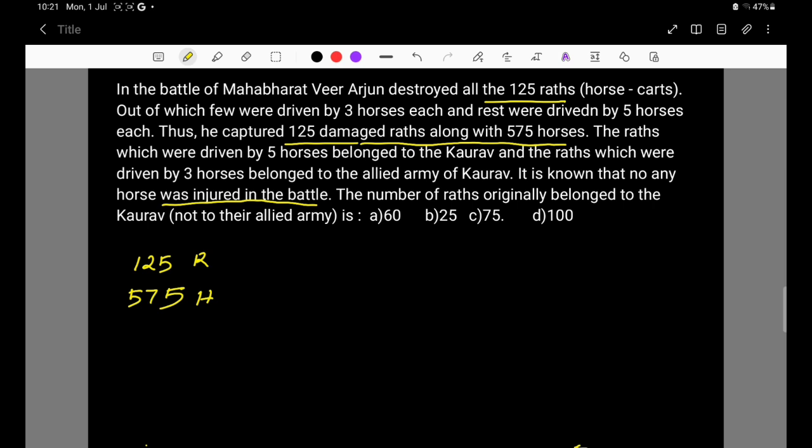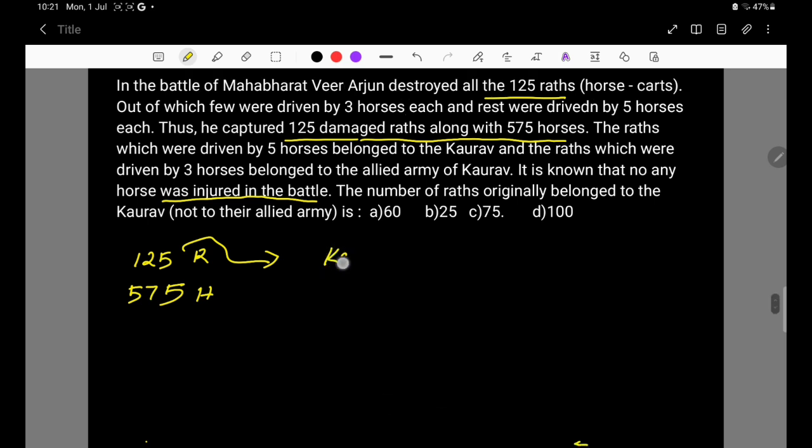Another piece of data is that in these 125 Raths, a few belong to Kaurava, and the remaining Raths belong to the allied army of Kaurava. Moreover, the Raths belonging to Kaurava were driven by 5 horses.